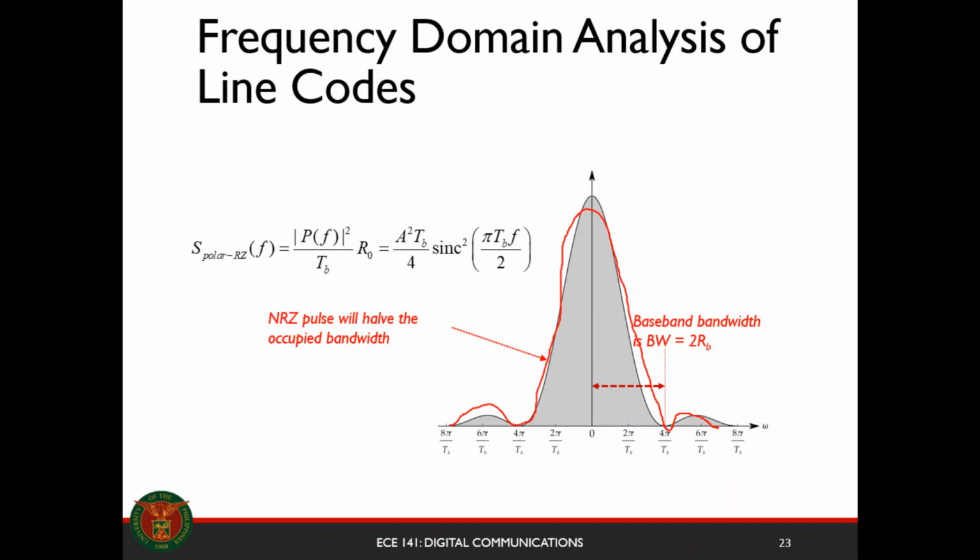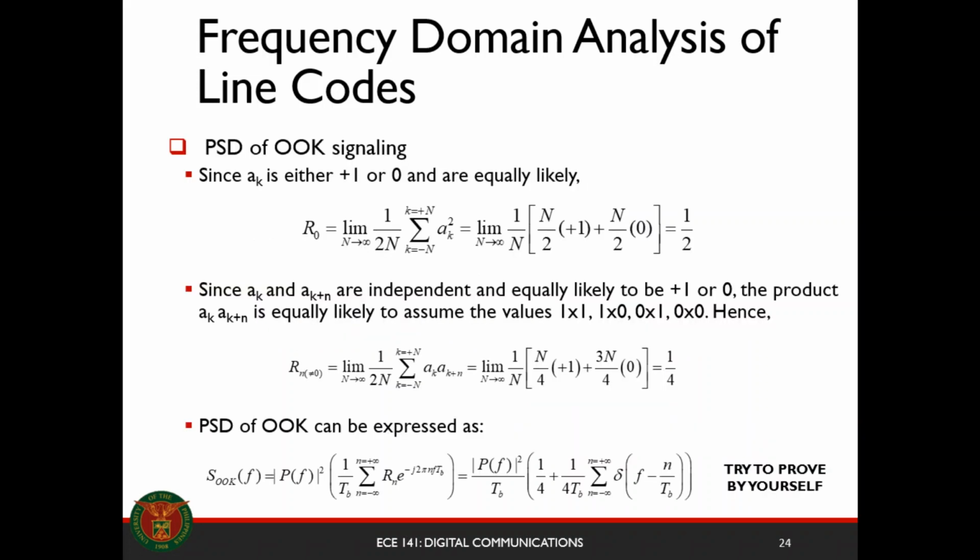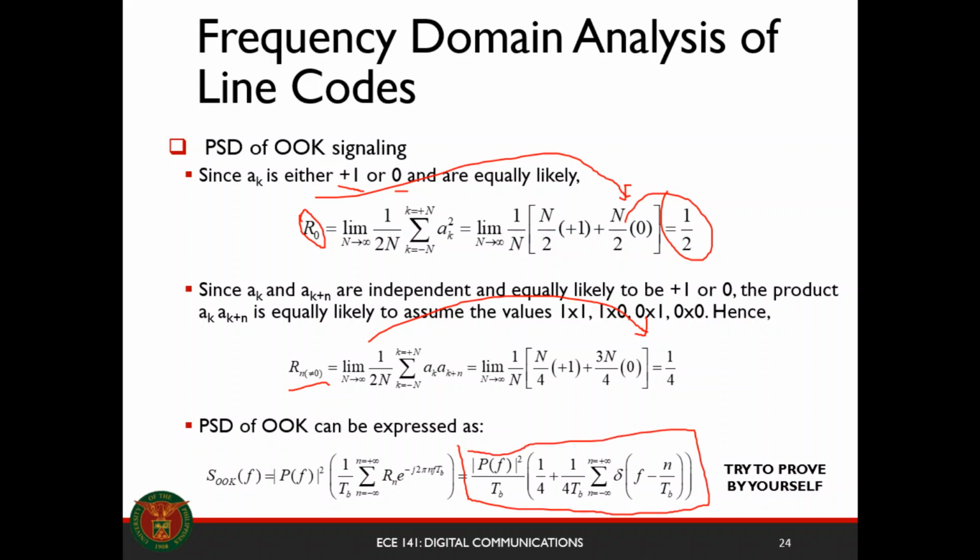For on-off keying, it's either +1 or 0 and equally likely, so the DC level is equal to 1/2. When there's a delay, that 1/2 becomes 1/4. So the PSD of your on-off keying becomes this expression right here. You can try to prove it yourself.